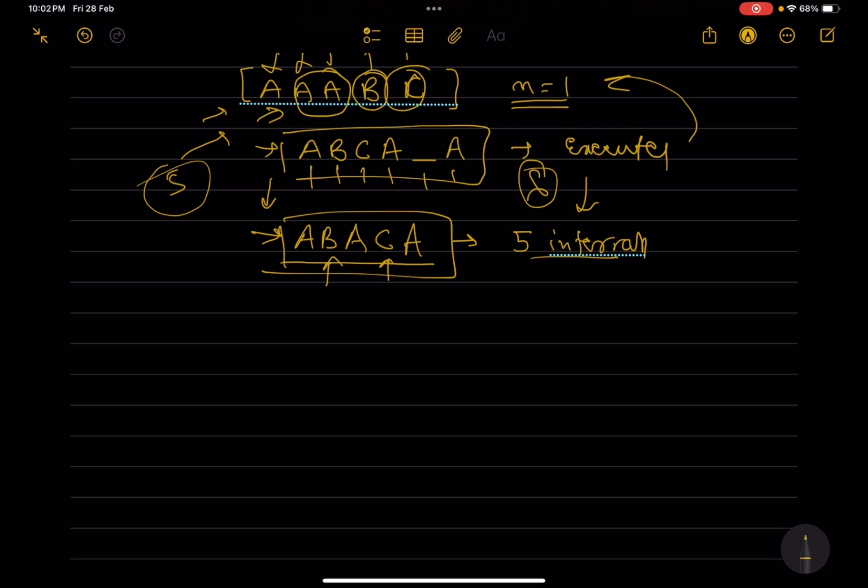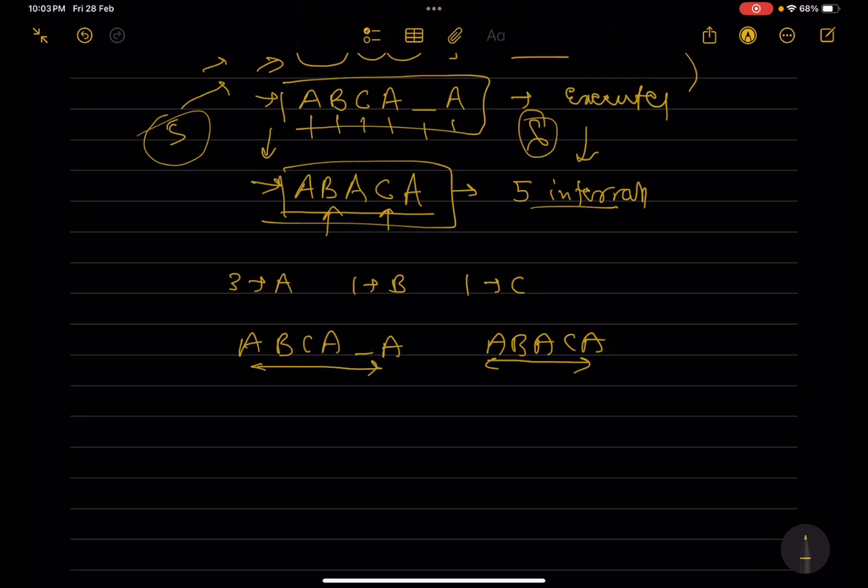What we had in this question was 3 A tasks, 1 B task and 1 C task. Now can we observe from here that if we pick up the task having the maximum frequency, here it was A, first, then it is possible to find a sequence of operations that will result in the minimum intervals of time?